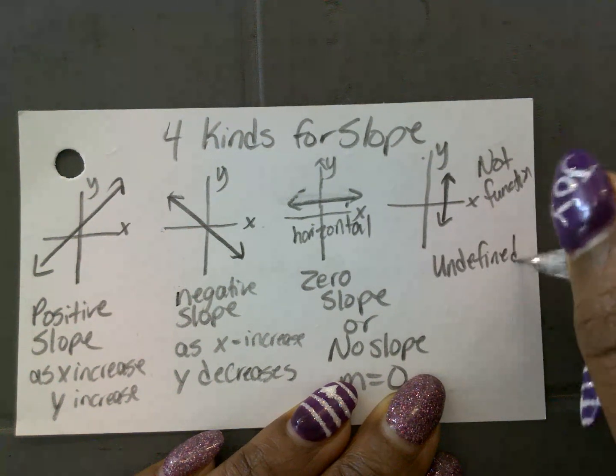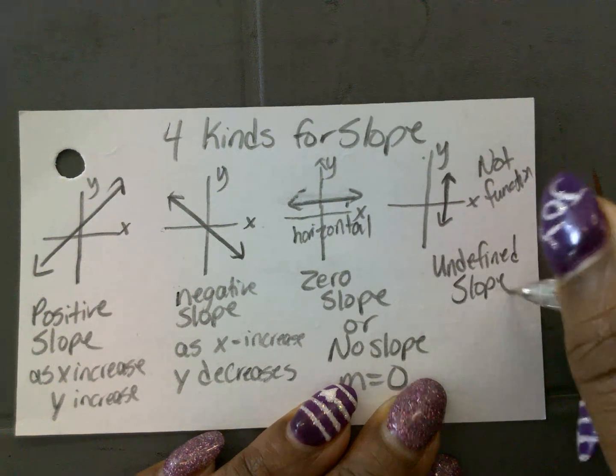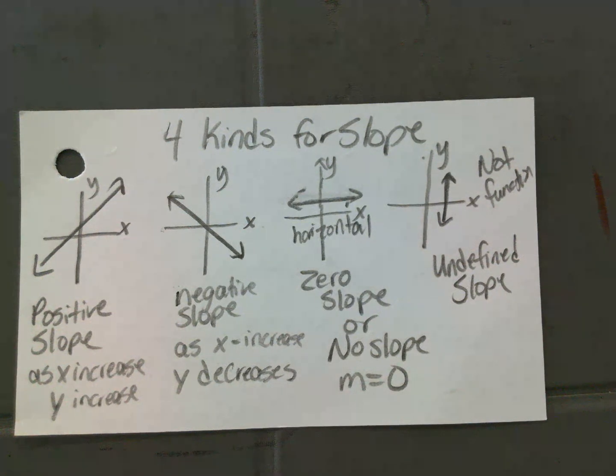When you are doing your rise over run, if you rise, but then you don't run at all, you might rise 7, but you don't go to the left or to the right. The bottom number is 0. Any number over 0 is undefined. You can't divide. 7 divided by 0 is impossible. 8 divided by 0, it's not possible.